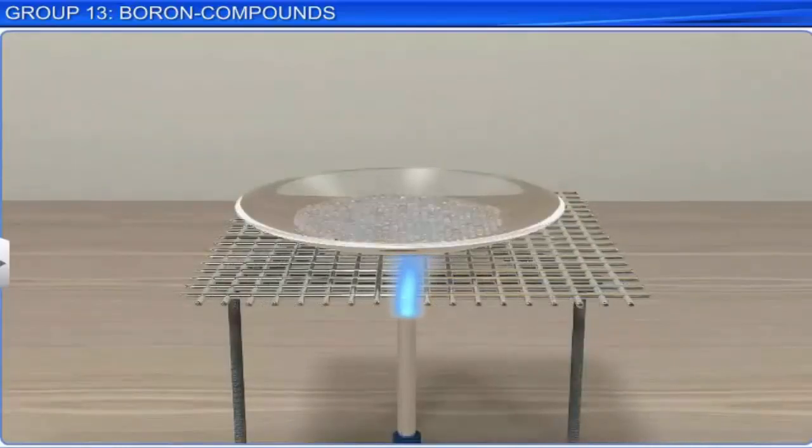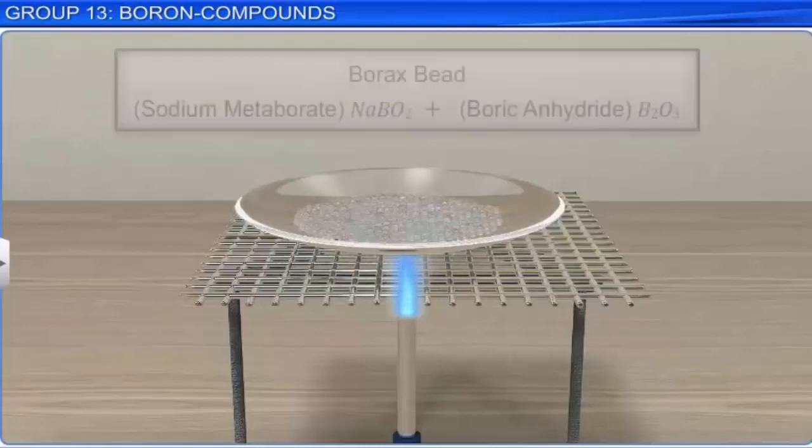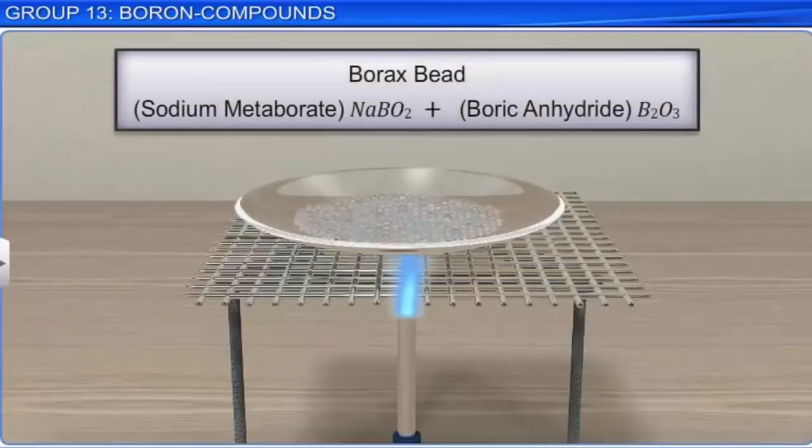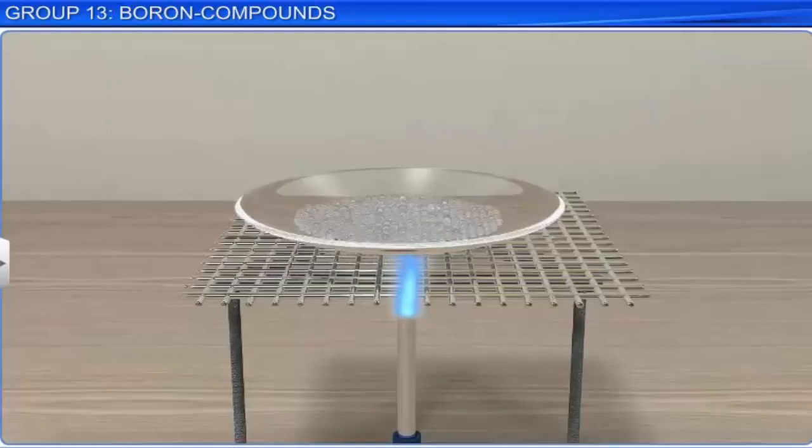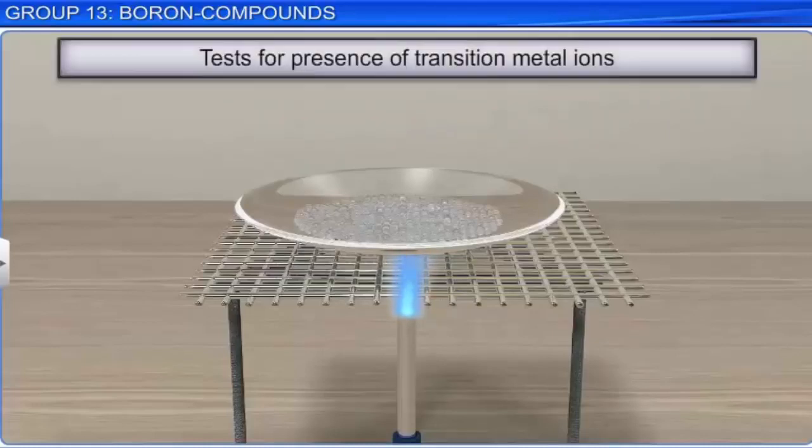When solidified, this is referred to as borax bead, which contains sodium metaborate NaBO2 and boric anhydride B2O3. The borax bead test is a qualitative way to test for the presence of transition metal ions.